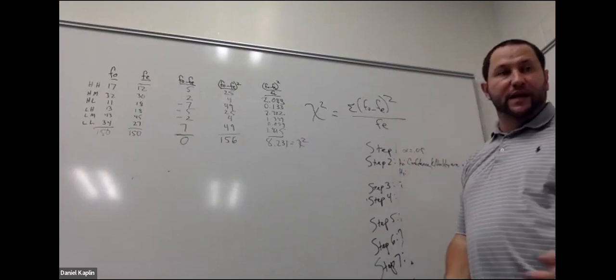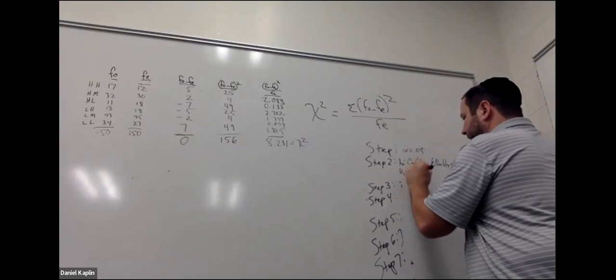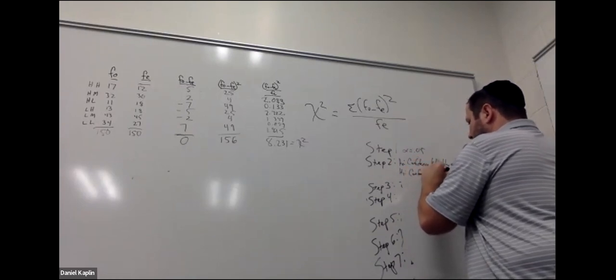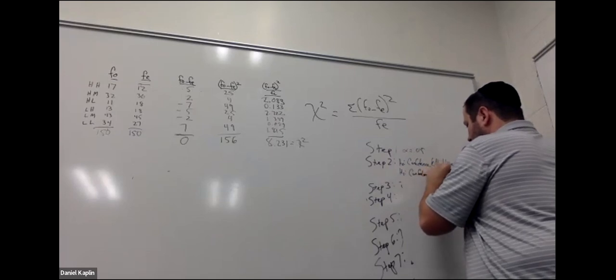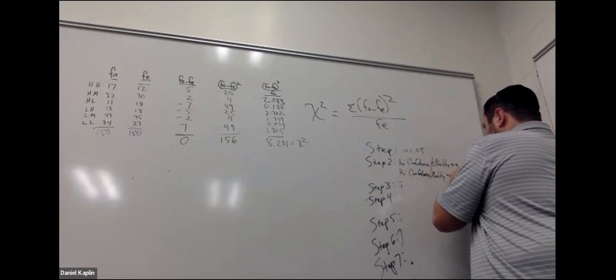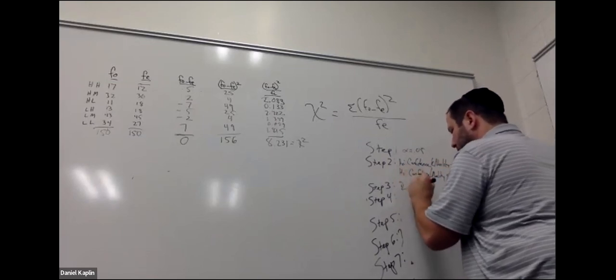Now, when we say they're independent, we're saying they're unrelated. Whereas the alternative hypothesis would say confidence and ability are related. We have our 2 tails.